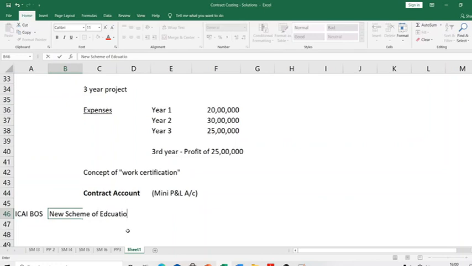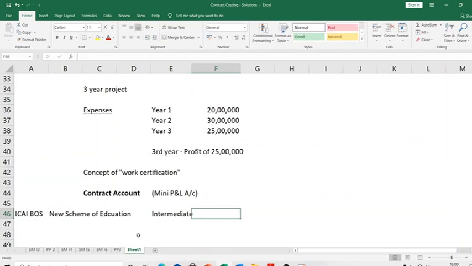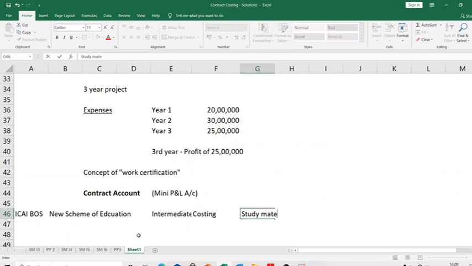Click on that, and then you have cost intermediate, and click on cost and management accounting. And then click on study material. Click on study materials, yeah. And then whatever topic you want, you can select that. Everybody will have access to this, so please go through that.